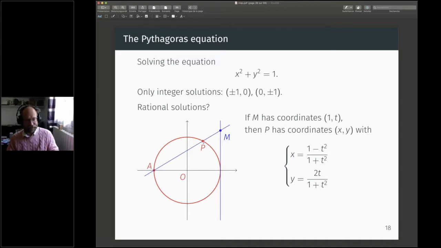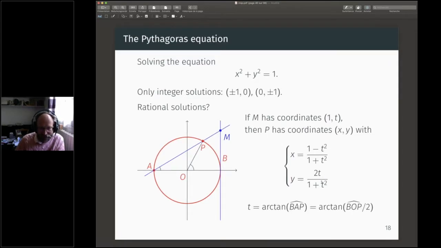And when I intersect two such lines, I will get a point M which has rational coordinates. So the outcome of this geometrical argument is that with those formulas, I get all points on the circle with rational coordinates. I just need to plug in some rational number T.